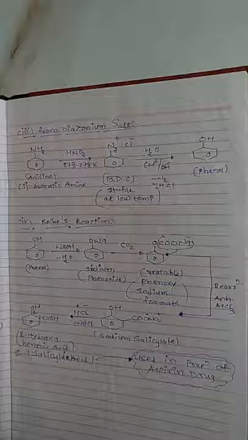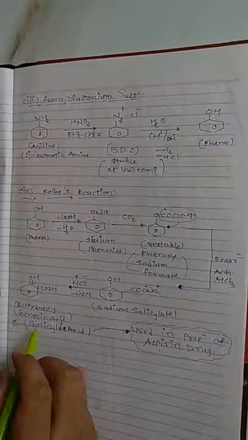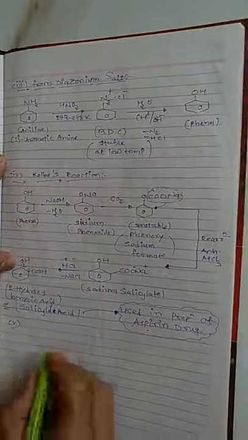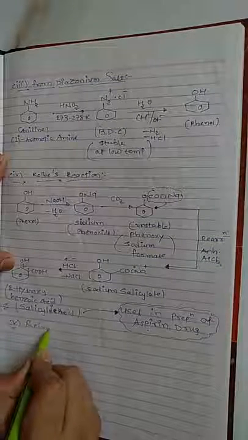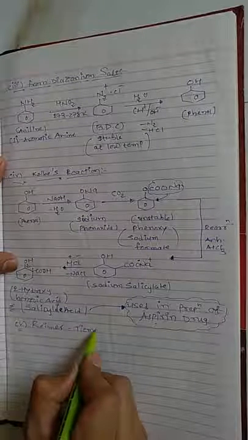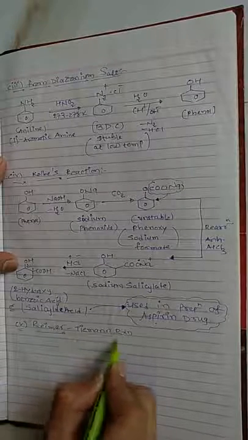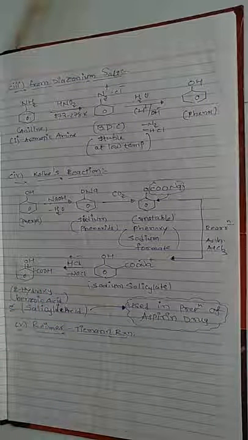Now we will discuss an important name reaction, which is called the Reimer-Tiemann reaction. So I will mention over here, it is our reaction number 5. It is Reimer-Tiemann. In the Reimer-Tiemann reaction, instead of salicylic acid, here we get an aldehyde, that means salicylaldehyde.